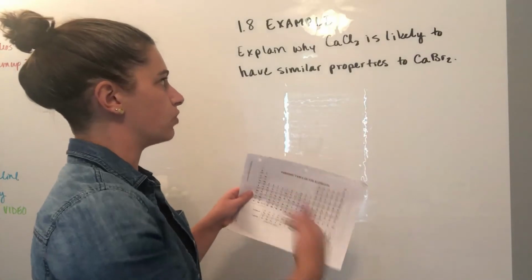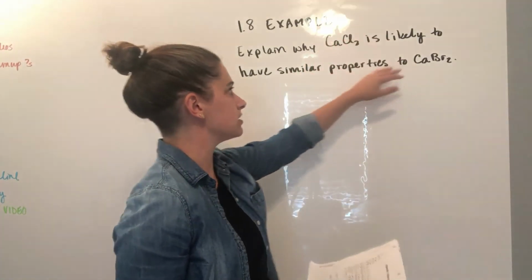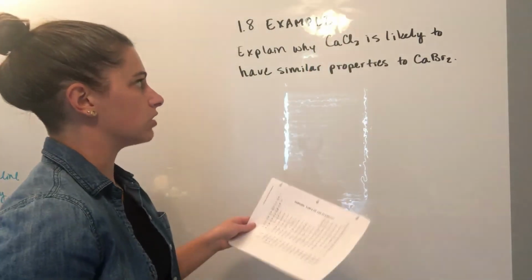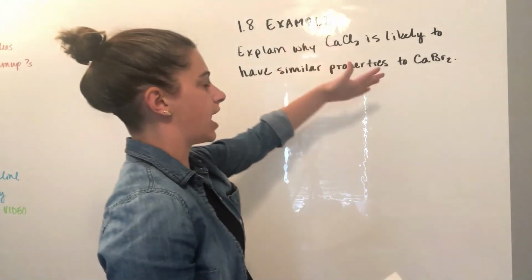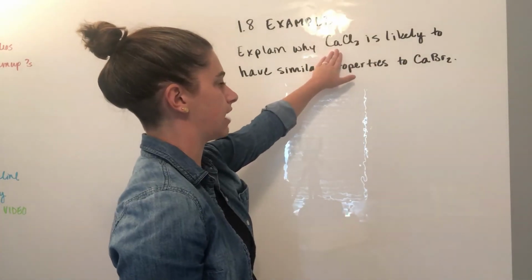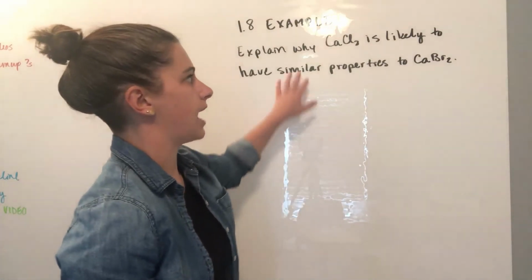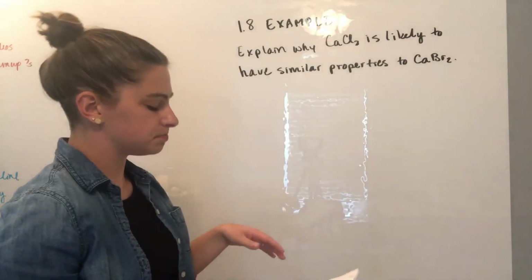So you can go both ways. You can have two compounds and say they're going to have similar properties because they're in the same group. You could also, if the question asked which compound might have similar properties to calcium chloride, look for something that's in the same group as one of the elements.